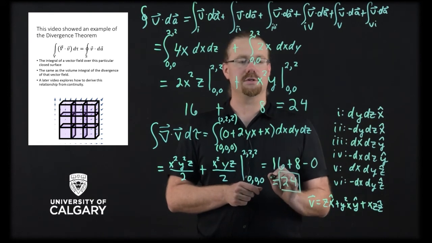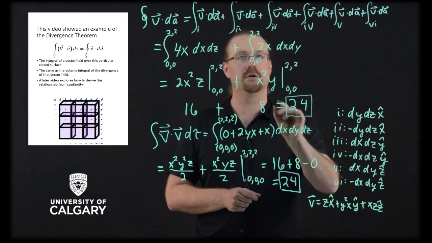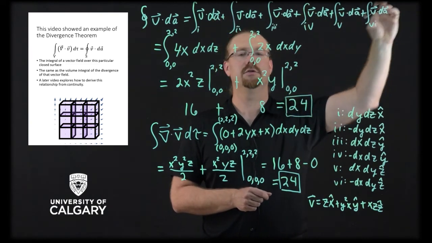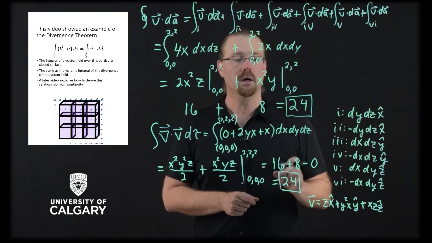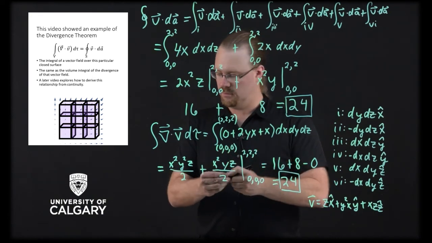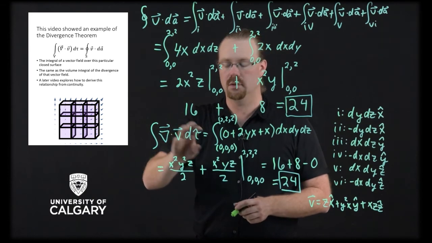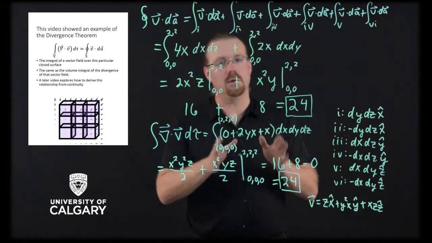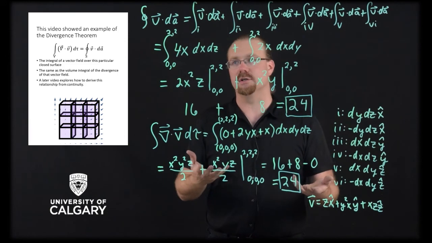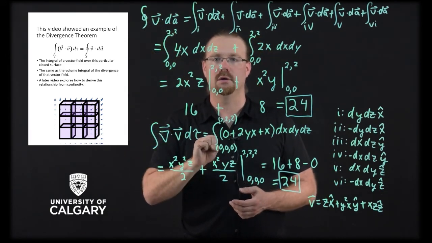Well, that should fill us with a certain sense of déjà vu, because when we did the area integral over all 6 of our different square faces of our cube, we wound up getting 24 as well. So what we showed was that this is equal to this. This video showed an example of the divergence theorem, that this will in general be equal to this.